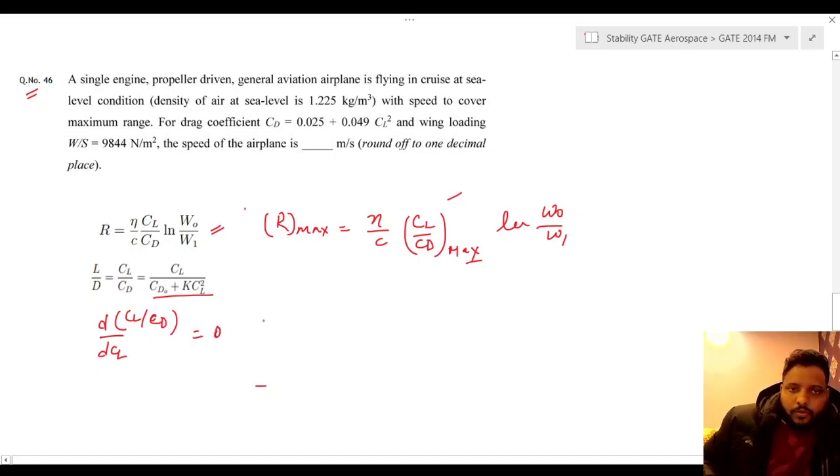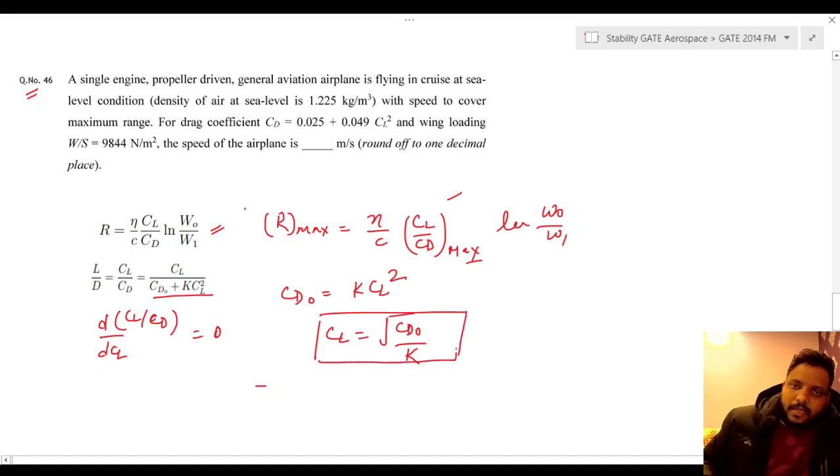When I do that, I get CD0 equal to K CL square, or CL is equal to the square root of CD0 upon K. This is the condition for maximum L by D, and this condition also satisfies the maximum range condition.